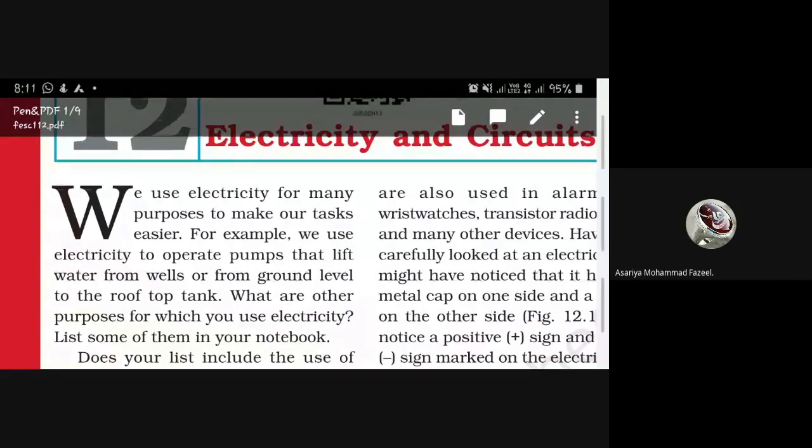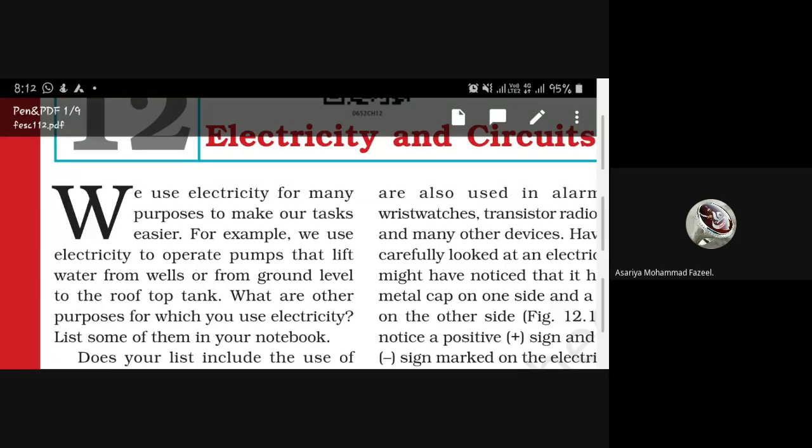For example, we use electricity to operate pumps that lift water from a well or from ground level to the roof top. What are the purposes for which you use electricity? List some of them in the notebook.